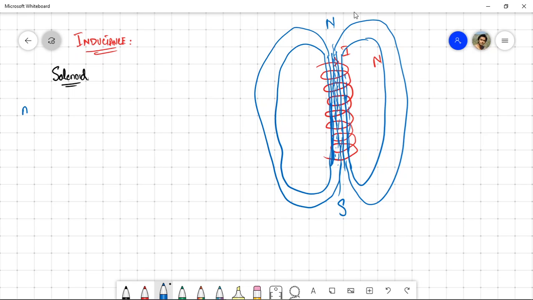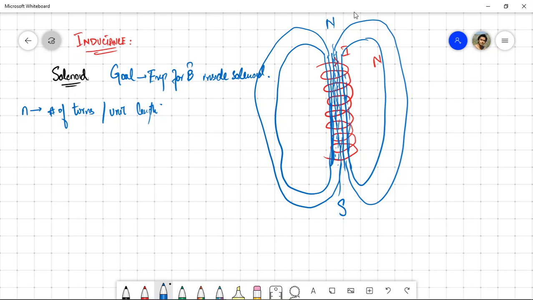So small n is basically the number of turns per unit length. Okay, so the goal is to derive the expression for B inside the solenoid, the central region of this solenoid.